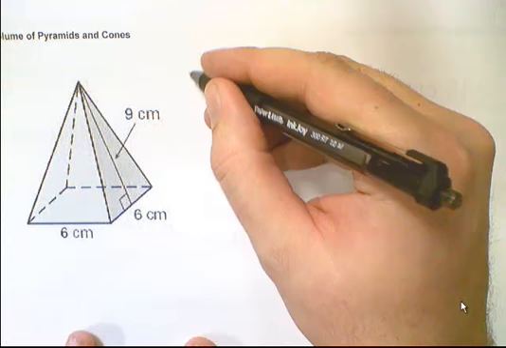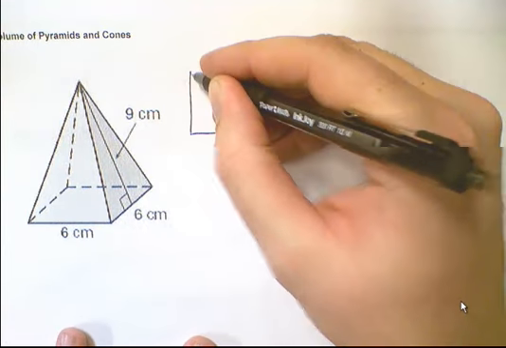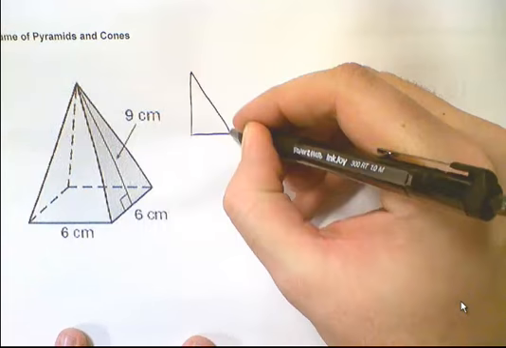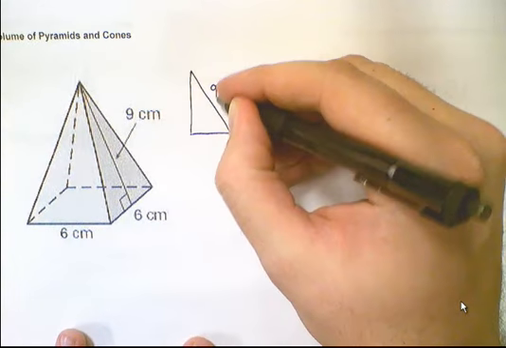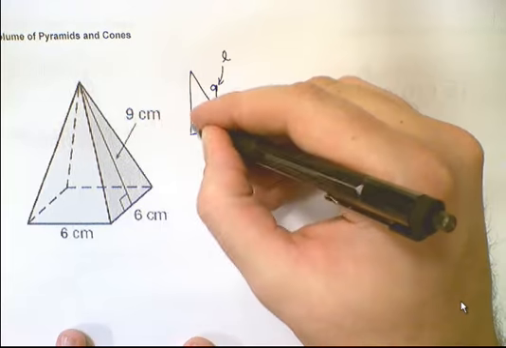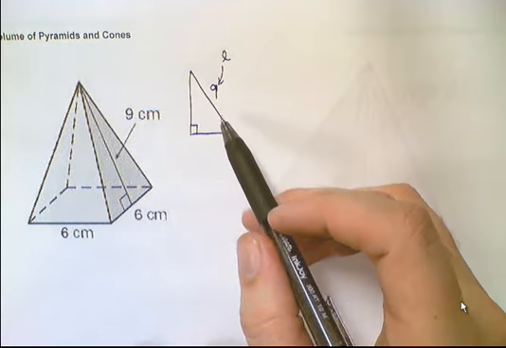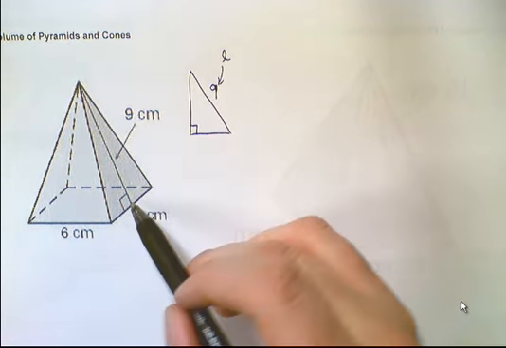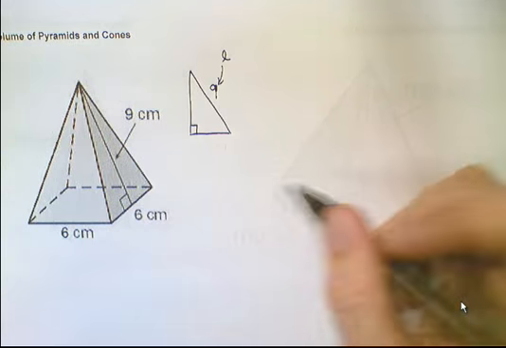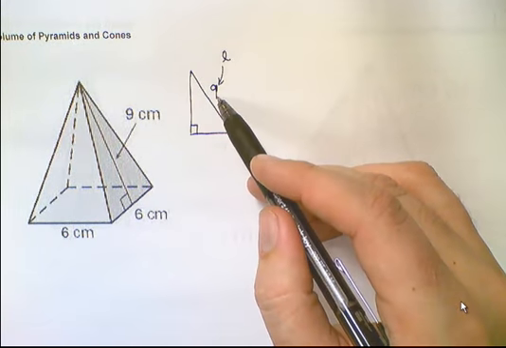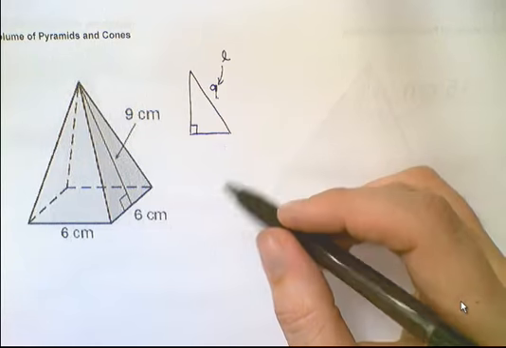If you look at this from the side, the slant height is this length right here, and it really forms a right triangle here with the base. We're going to use this piece in this calculation.